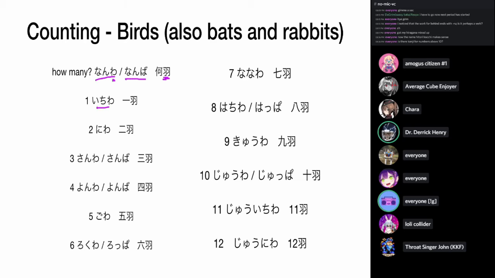It's ichi wa, ni wa, san wa, yon wa, go wa, roku wa, nana wa, hachi wa, kyu wa, ju wa, and so on. There are a couple of alternate names for some of these. They're less popular, but you might see them on newscasts or something like that because they're considered more correct, even if they're less common. So, san ba, yon ba, roppa, happa, and juppa, or jippa sometimes even.